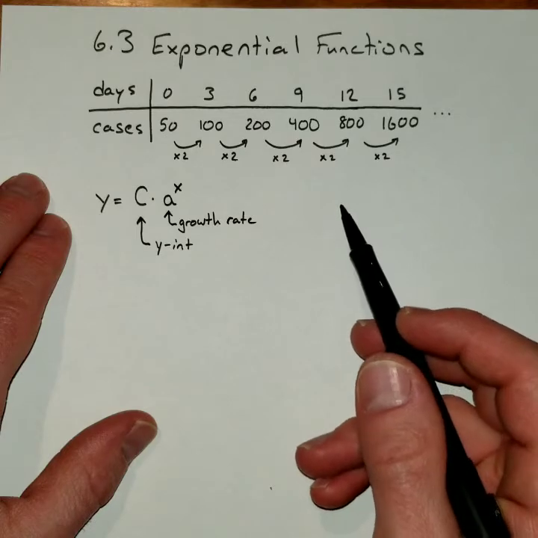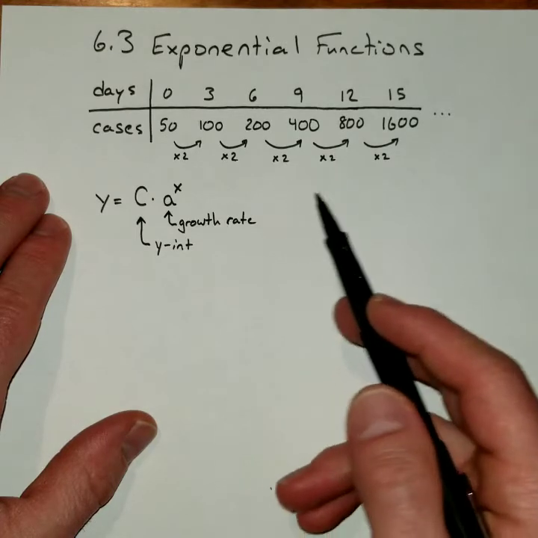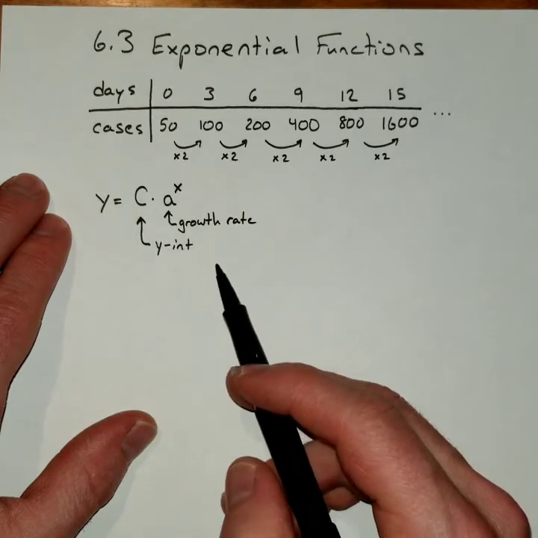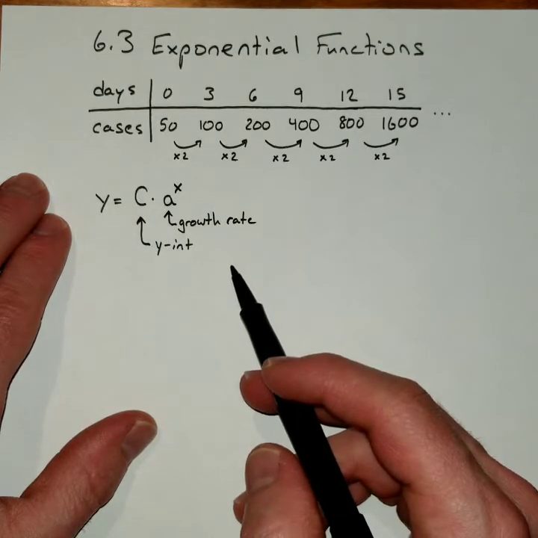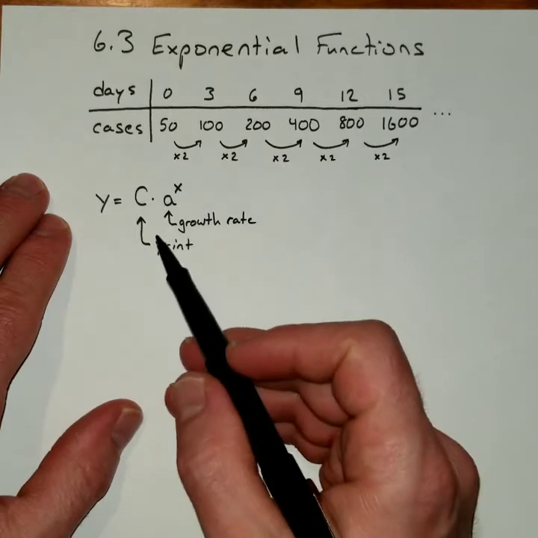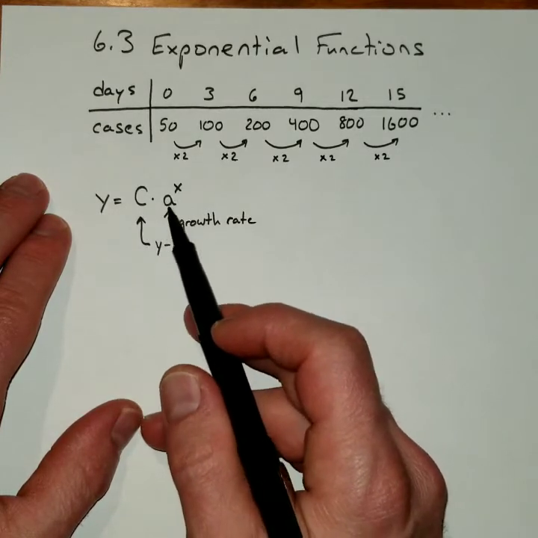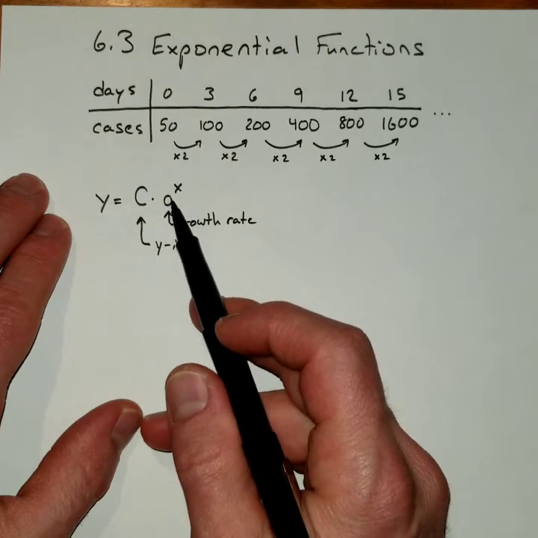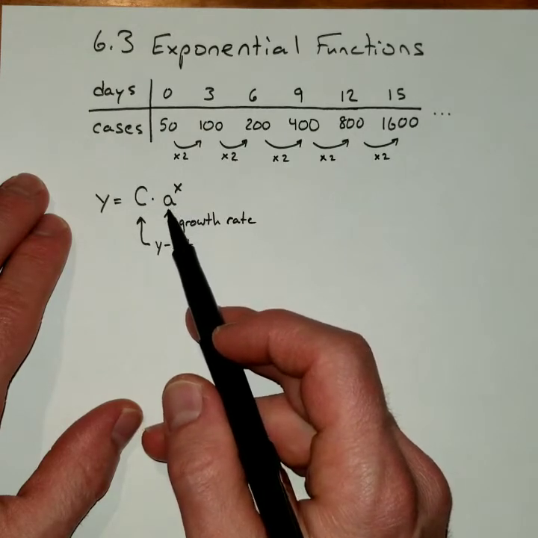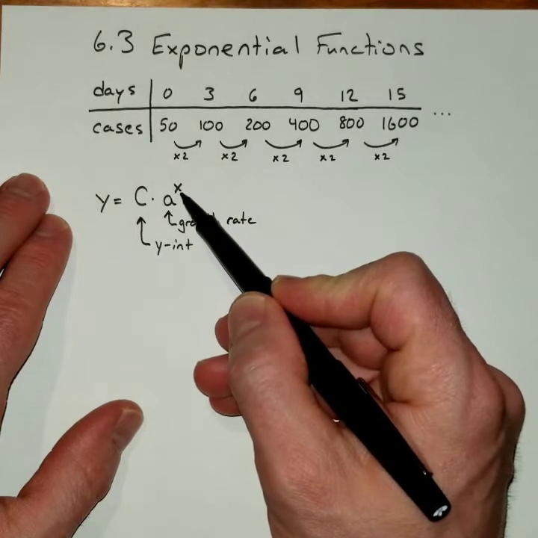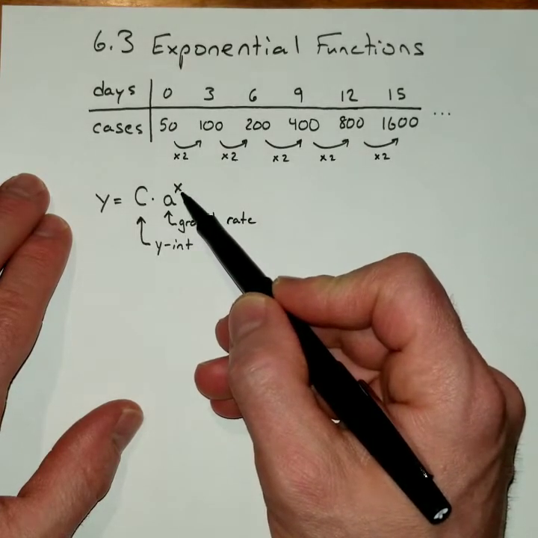And now what I want to do is relate it back to the equation of an exponential function that we saw a couple videos ago, where y equals c times a to the x. A to the x is your exponential part. What makes exponential functions unique is the fact that the exponent contains the variable.